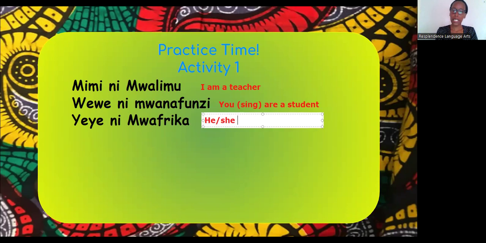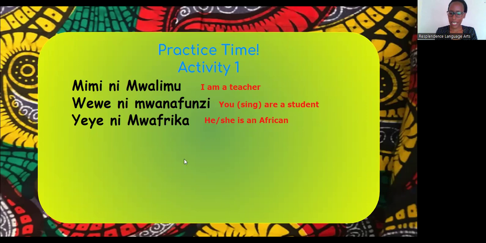Remember, in Kiswahili it is the context that will tell us whether you're talking about a he or she. So he or she is an African, or she is African. Yeye ni Mwafrika, he or she is an African, or he or she is African.